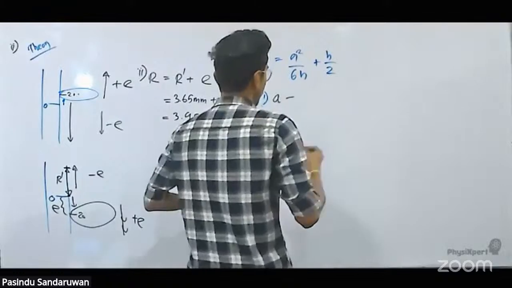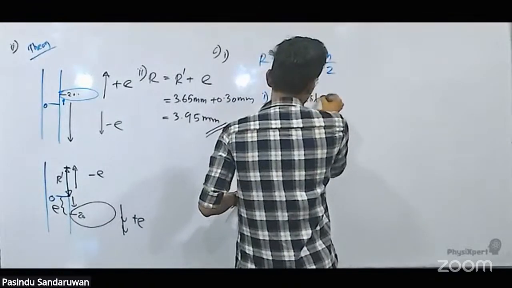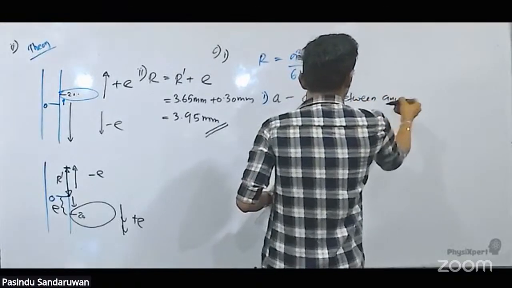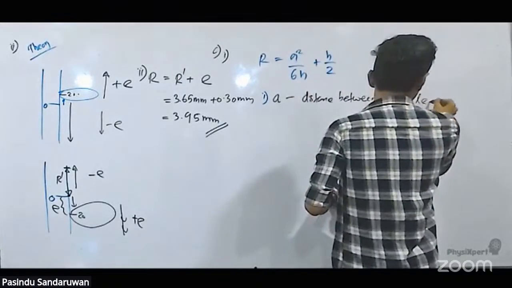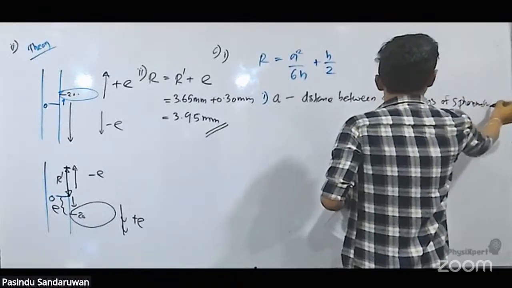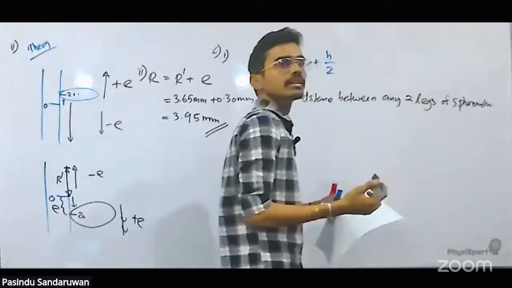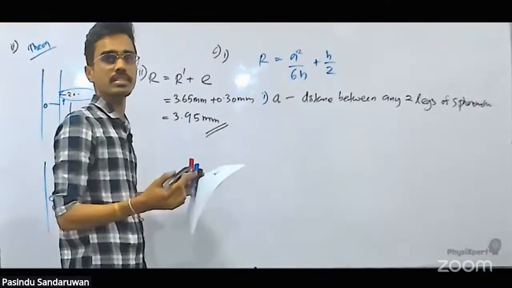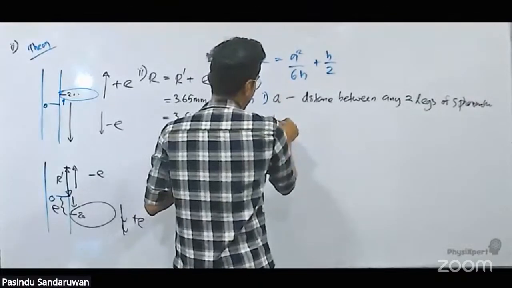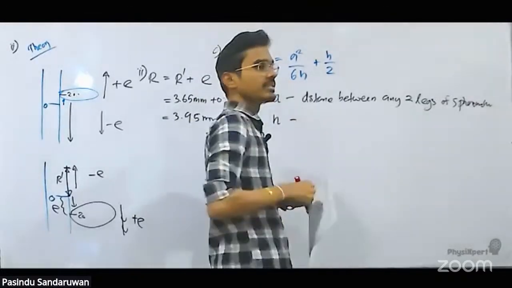A, right? Distance between any two legs of spherometer. Legs are located in what? Here a geometry is given.